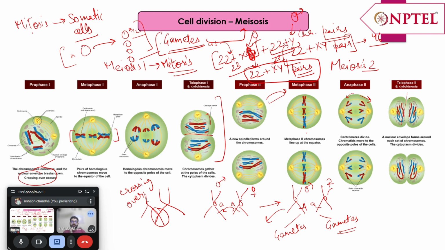The cell that is formed contains only one set of the chromosomes. So, for example, if there are 2n chromosomes in the parent cell, now each cell would have a chromosome number of n. That means the chromosome number has halved in the gamete cell as compared to the parent cell. So this was a brief description about the meiosis process.